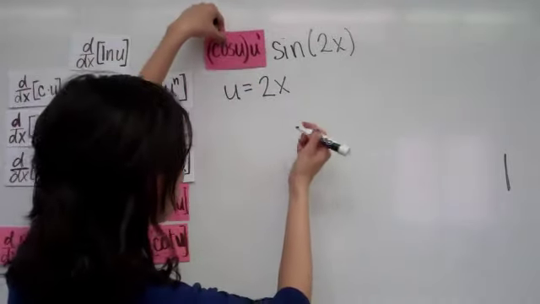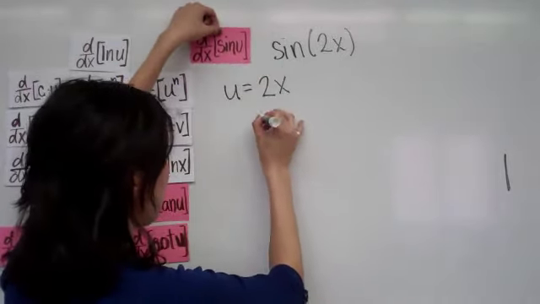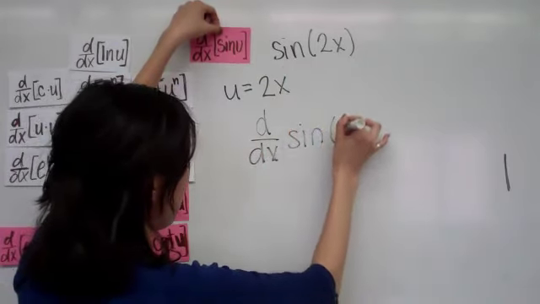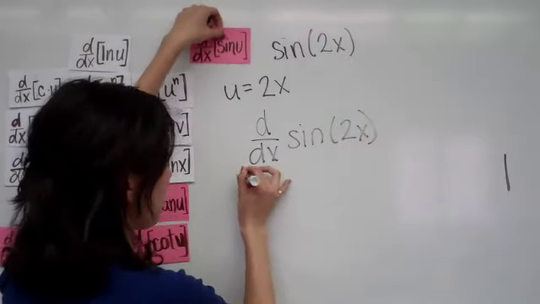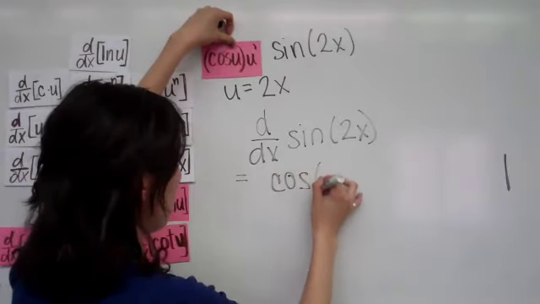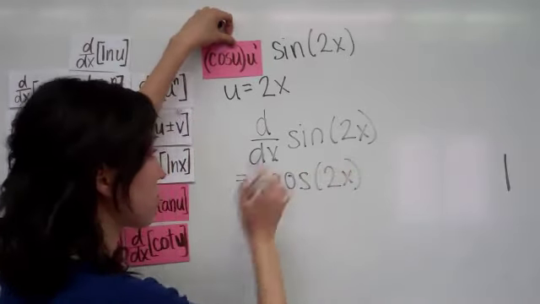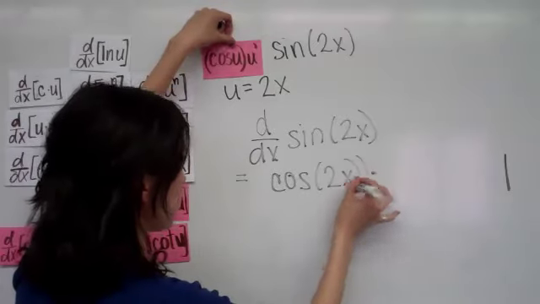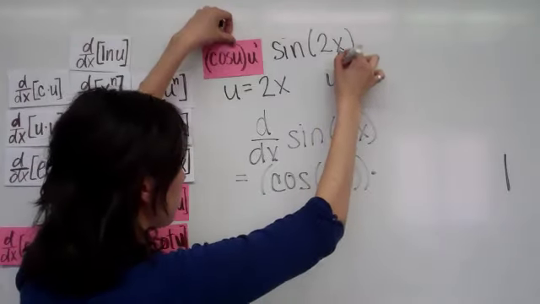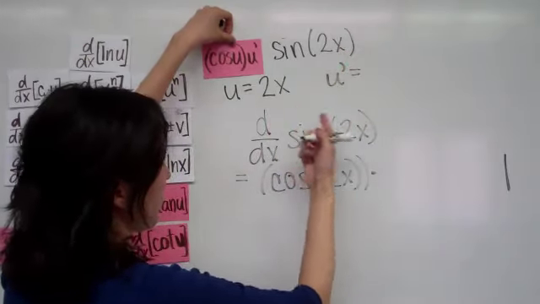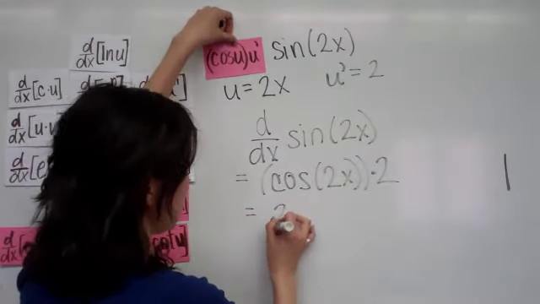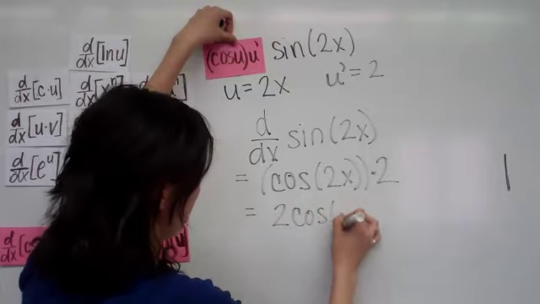If I wanted to derive this, the derivative of sine of 2x is going to be equal to cosine, that's this rule right here, cosine of 2x. Okay, so I've derived sine, but then you have to take this times the inner function's derivative. So if you want to, you can derive u with respect to x. What we're going to get is 2. So all in all, the best way to write this is 2 times cosine of 2x.